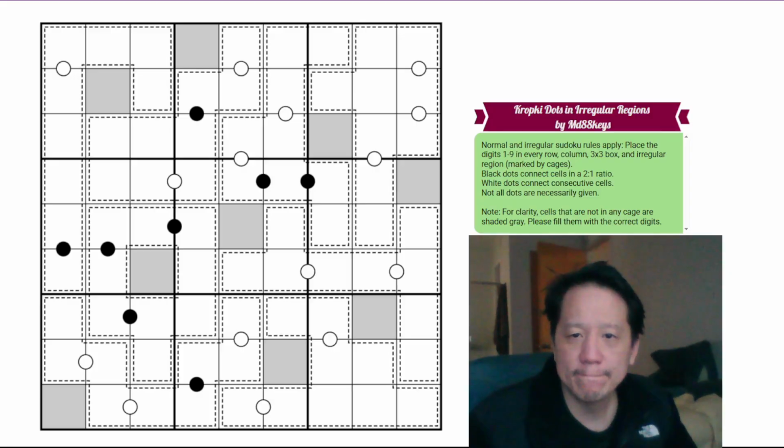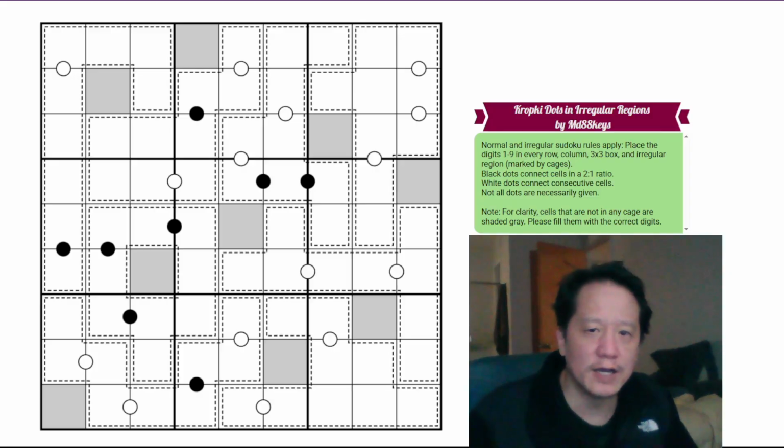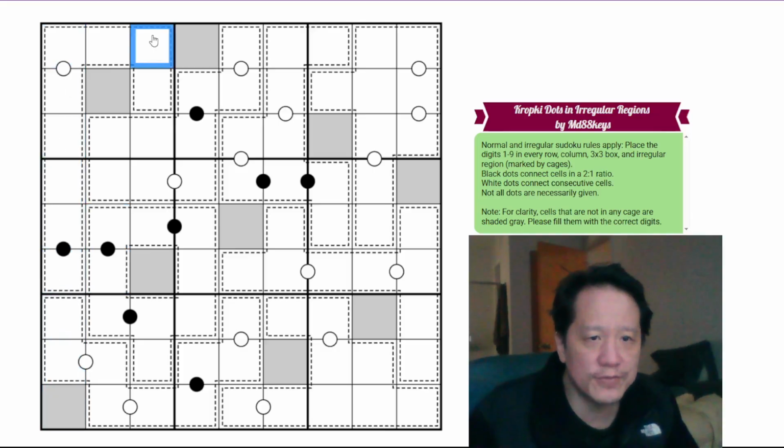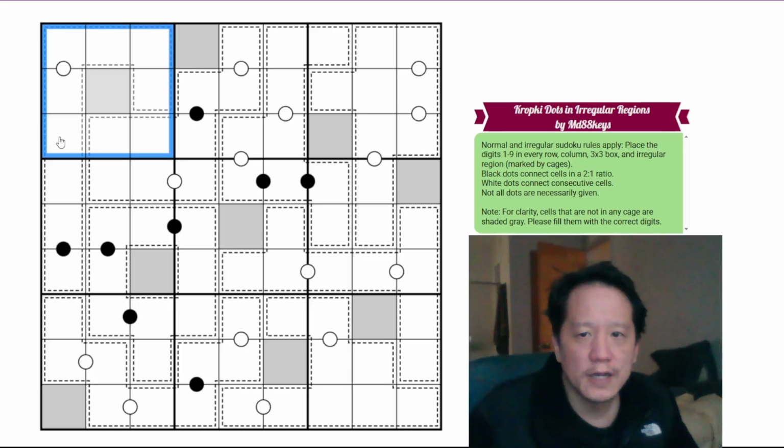Let's get to the rules. Normal and irregular Sudoku rules apply, which means place the digits 1 through 9 in every row, column, 3 by 3 box, and irregular region marked by cages.